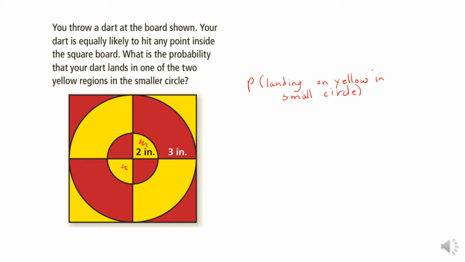And I would say that is 1/2 of pi times 2 squared. Okay, so that's the inner circle, but only half of it.